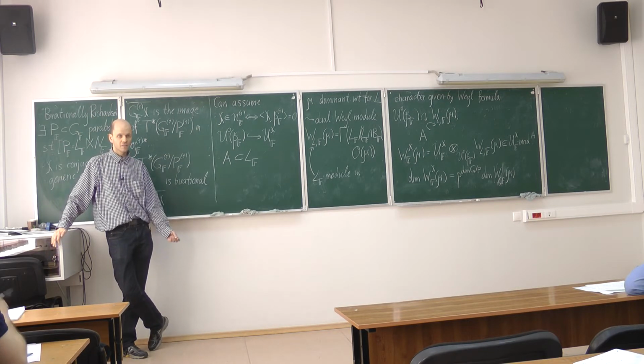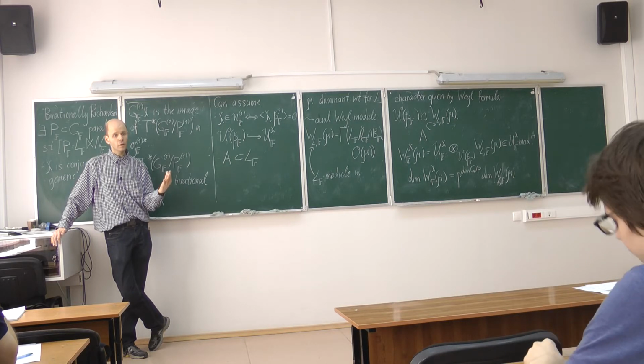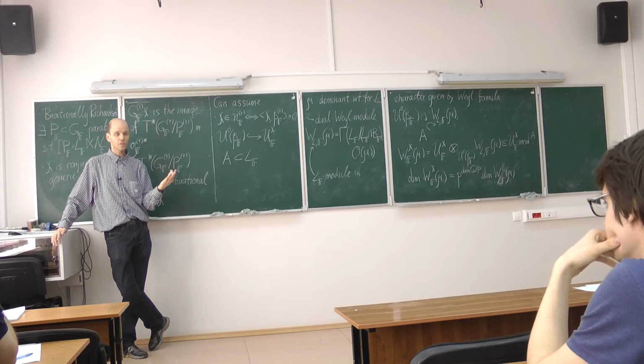So unlike in characteristic 0, there is no direct correspondence between modules over Lie algebras and algebraic groups in characteristic P, in particular because only simples with 0 P-character come from an algebraic group. And you can see it as follows. Let's take a module over an algebraic group and restrict it to a Lie algebra.